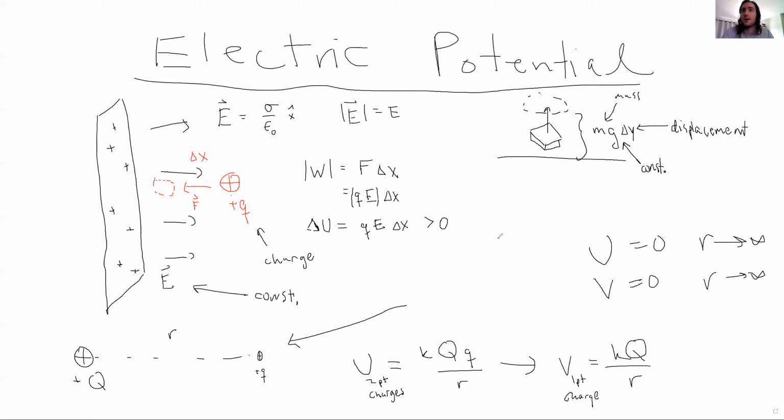This is the correct answer. This is bigger than 0. So the change in potential energy here is positive. It's QE times delta x. If I let this thing go, it will start to lose potential energy and it will accelerate to the right. It'll pick up a one-half a t squared type of thing going on there, constant acceleration.